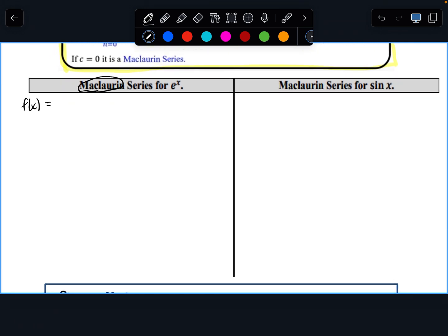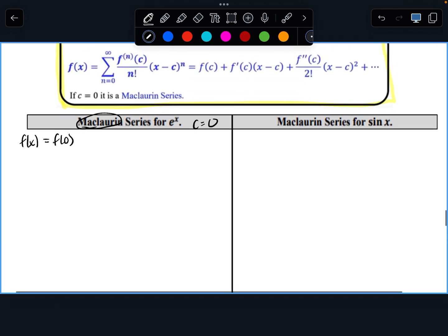Because then what you would do, if I want Maclaurin, that means I'm centered at 0, and I'd follow the formula. So I do f of 0 plus f prime of 0 x. I don't have the minus c thing. Well, technically I do, but it's 0, so I'm not going to waste my time writing minus 0.